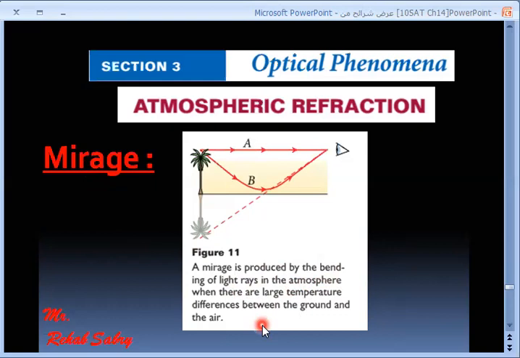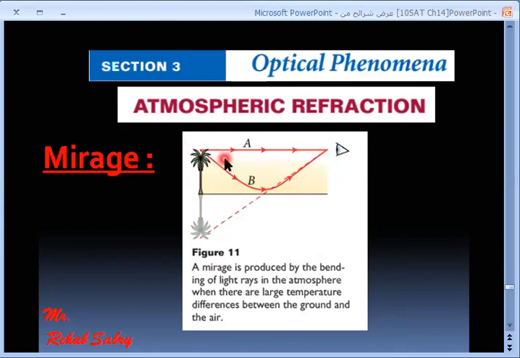So it happens on very hot days, and there is a kind of inverted mirage formed in very cold regions.